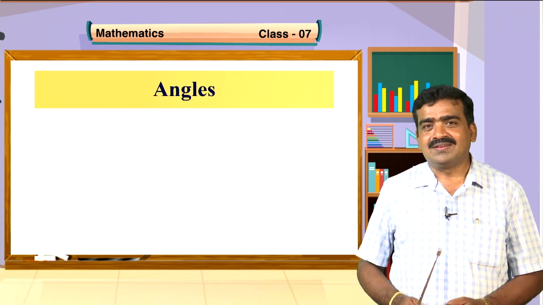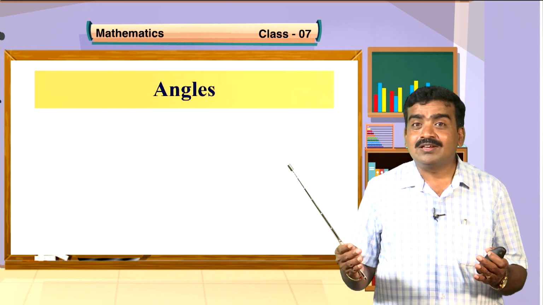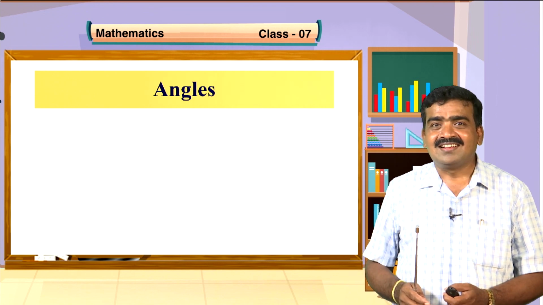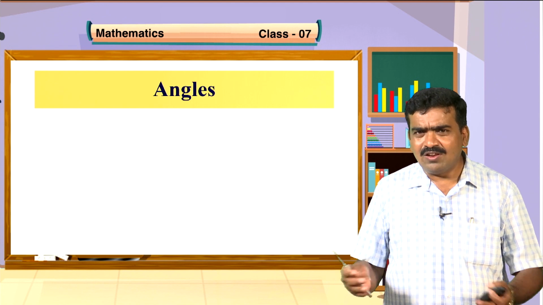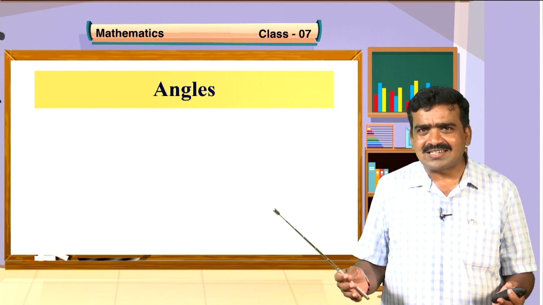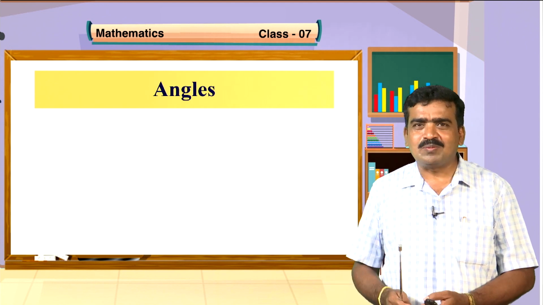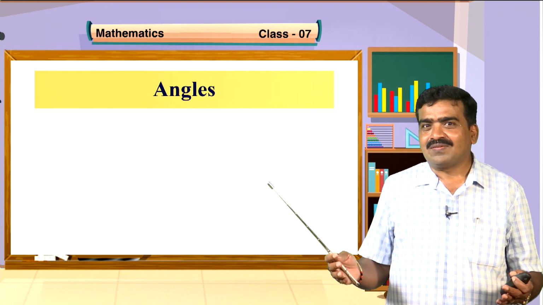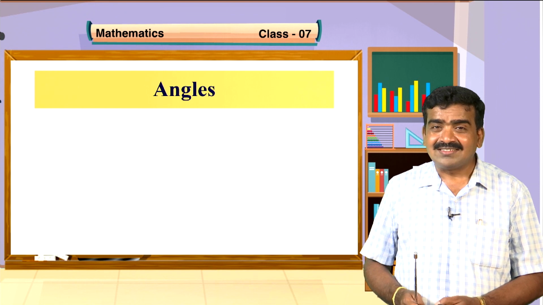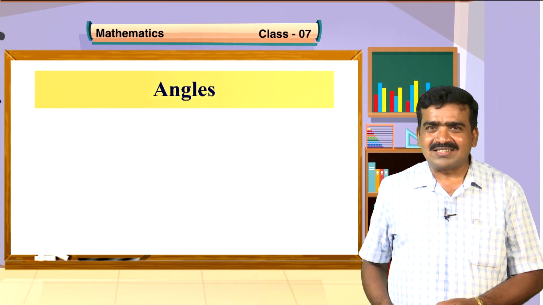Yes, now let us recall the meaning of angle. How is the angle formed? It is well known to you. You have constructed angles of different measurements in your previous classes. Can you give the meaning of angle? Yes, you are right, my dear students.